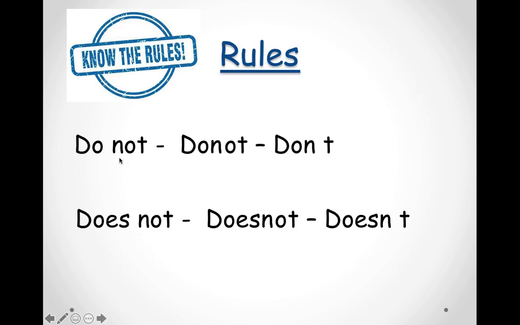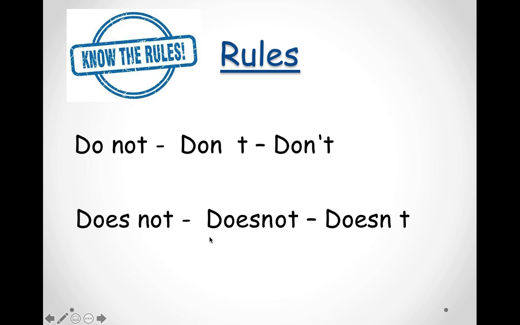So step 1, do not, I will put the words together. Step 2, I am going to take the letter O away. Now step 3, I am going to replace the letter O with an apostrophe. Do not, I will take the letter O away from not, and then I will put an apostrophe.